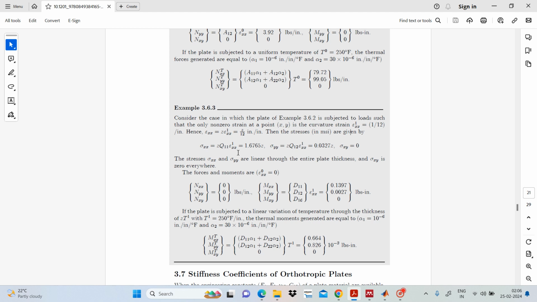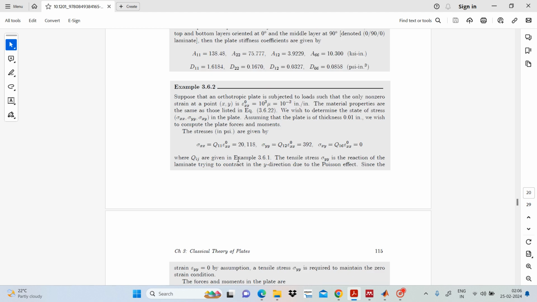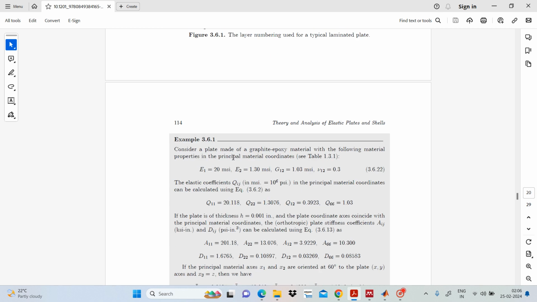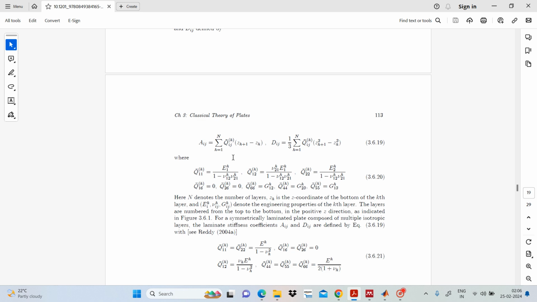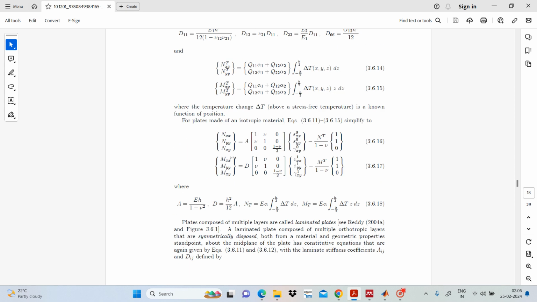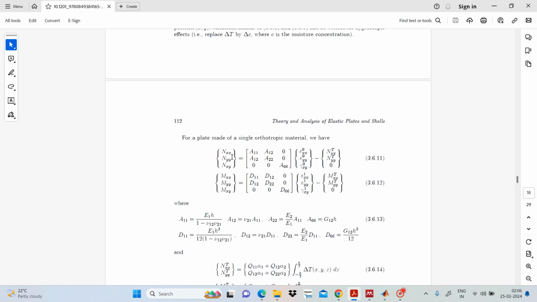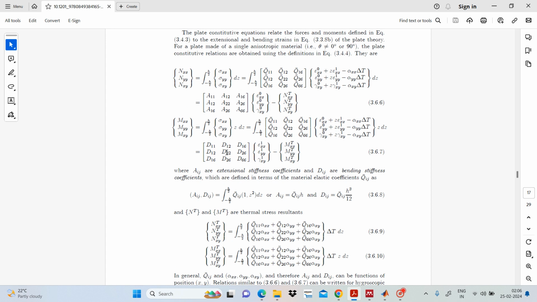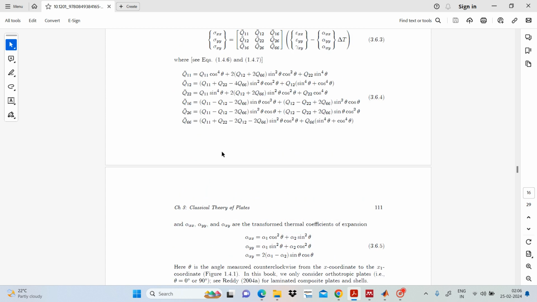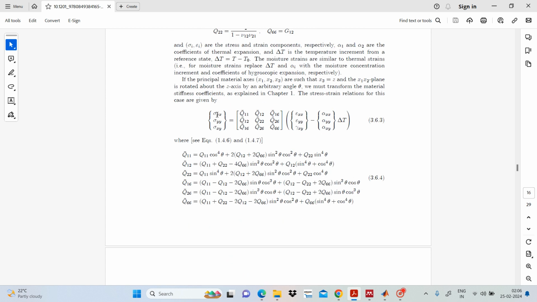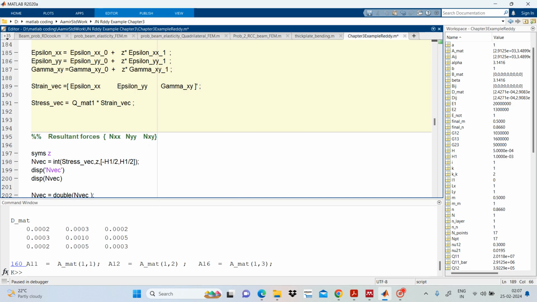Stress is nothing but the Q matrix times the strain, where the strain is epsilon xx, yy, gamma xy, and this Q is the transformed matrix. We already have our transformed matrices.